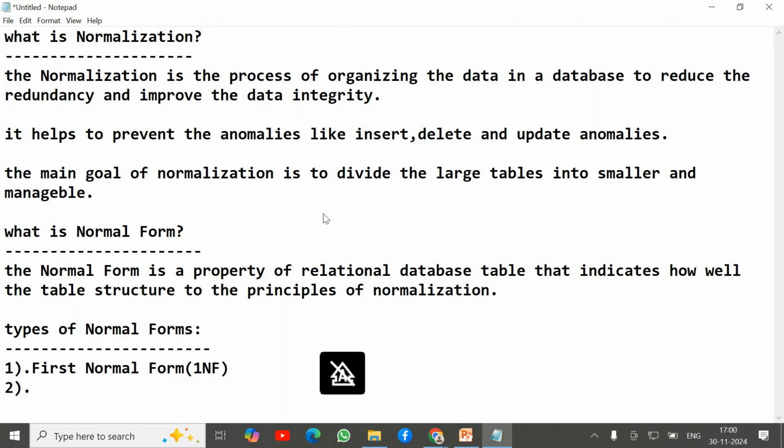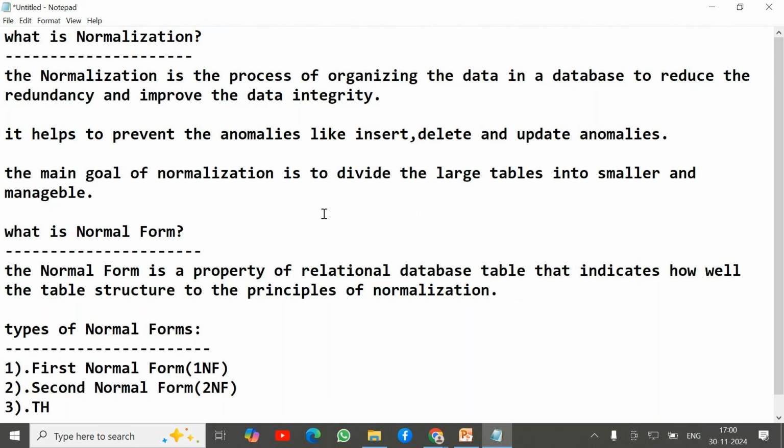Second, second normal form, 2NF. Next one, third normal form, 3NF.